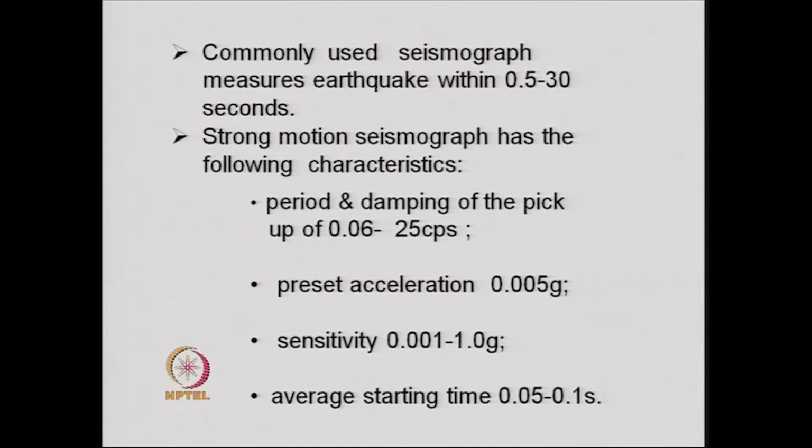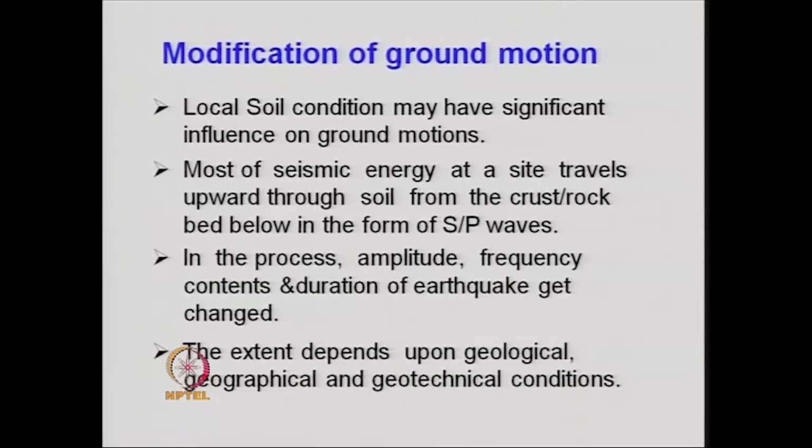Sensitivity is of the order of 0.001 to 1.0 g. The average starting time is from 0.05 to 0.1 second. That is about the earthquake measurement parameters and the earthquake measuring equipments.